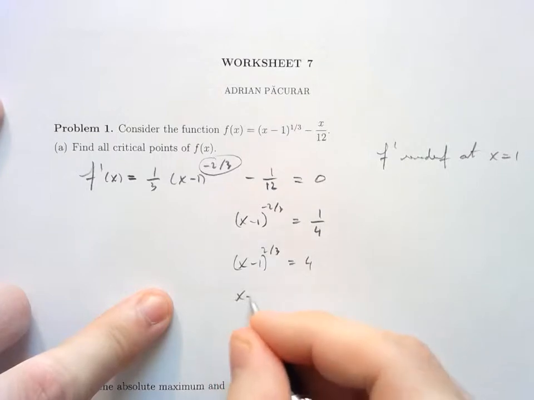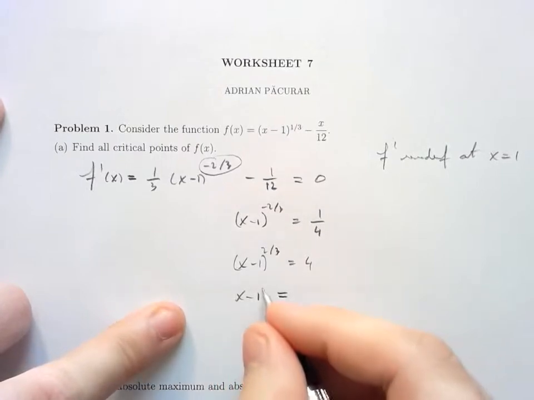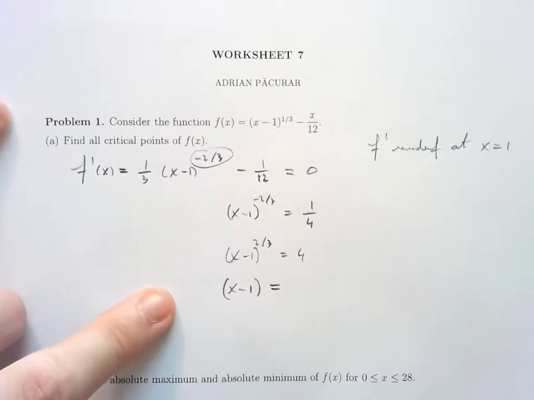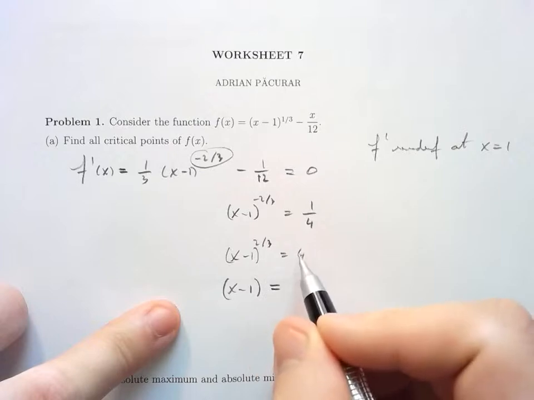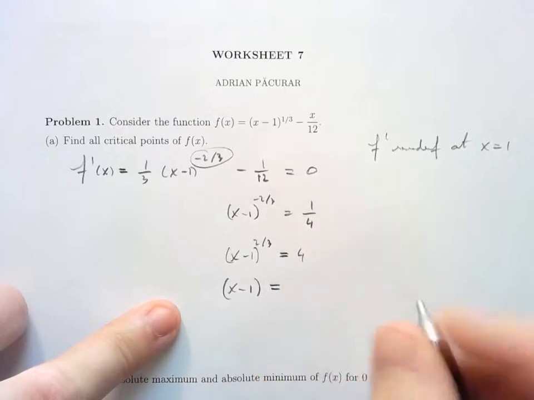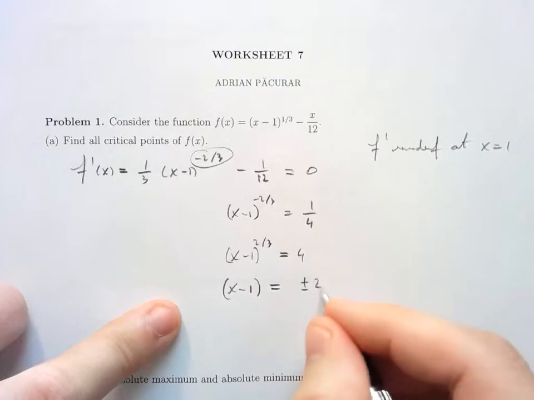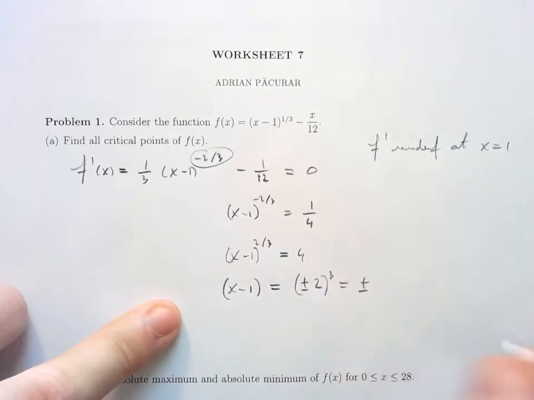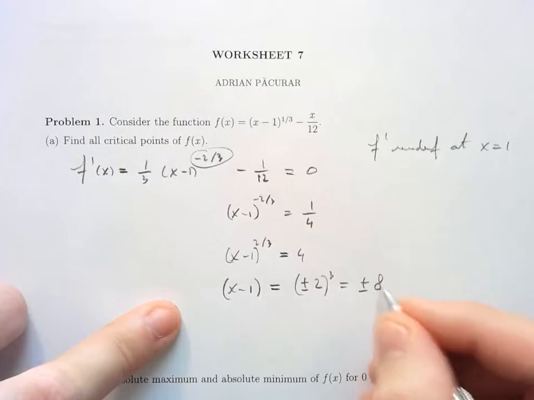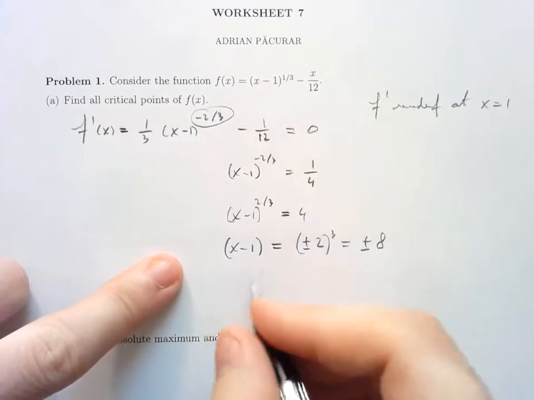So that means x minus 1 is going to be, okay, first, since I'm taking the square root, that is going to give me a plus or minus 2, and then I cube that, so this is plus or minus 8. We actually end up getting two solutions here. We don't want to miss that.